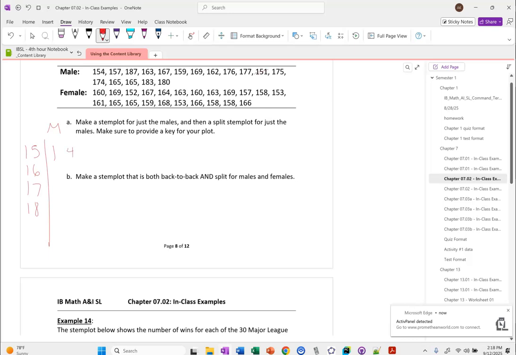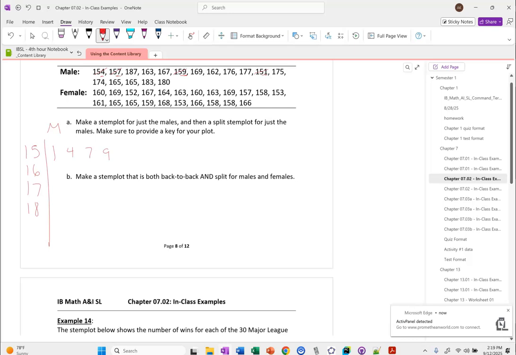We got that guy, we got that guy. I think this one is next. And then, wait, what do those numbers represent? Just the last digit. So you read this number as 151, right? And so on and so forth.